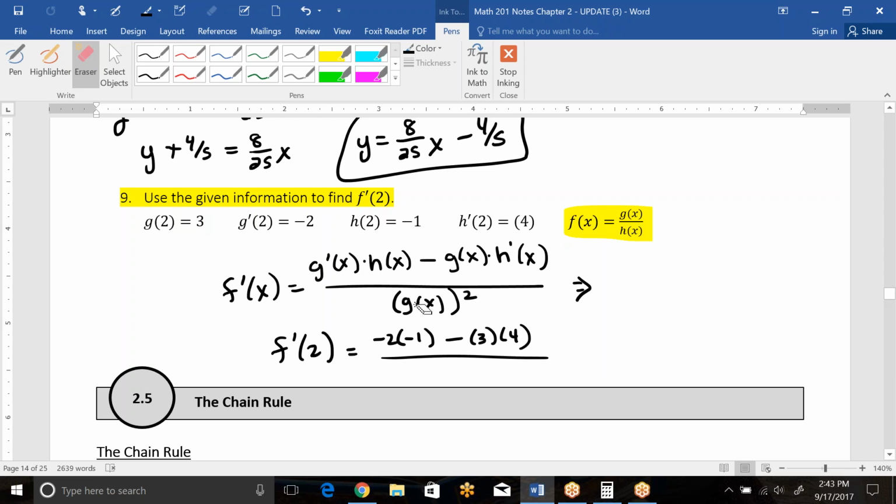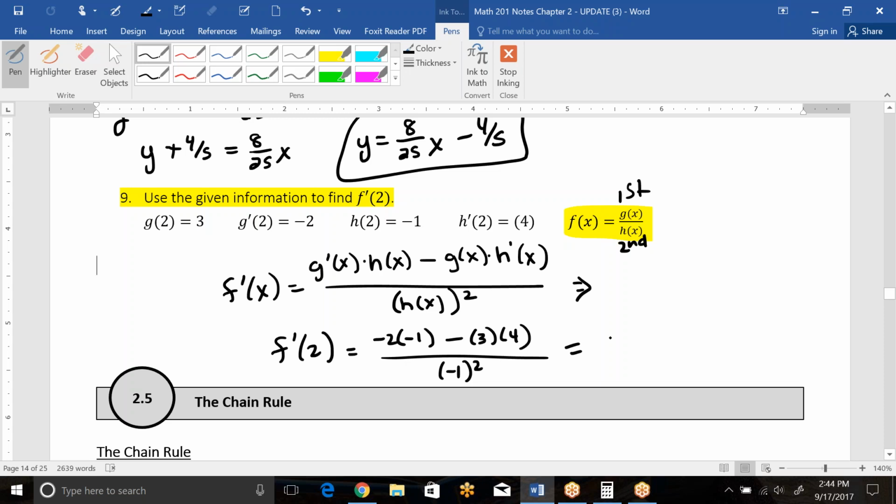Sorry, fix my notation. The second function is the bottom one, so it's h of x squared. So h is going to be negative 1 squared. Okay, so we're just working out order of operations. Remember, this is always first, this is second. It's easier if you label them like that so that you can put them in the right places, because it is very easy to make a mistake when you're talking through it.